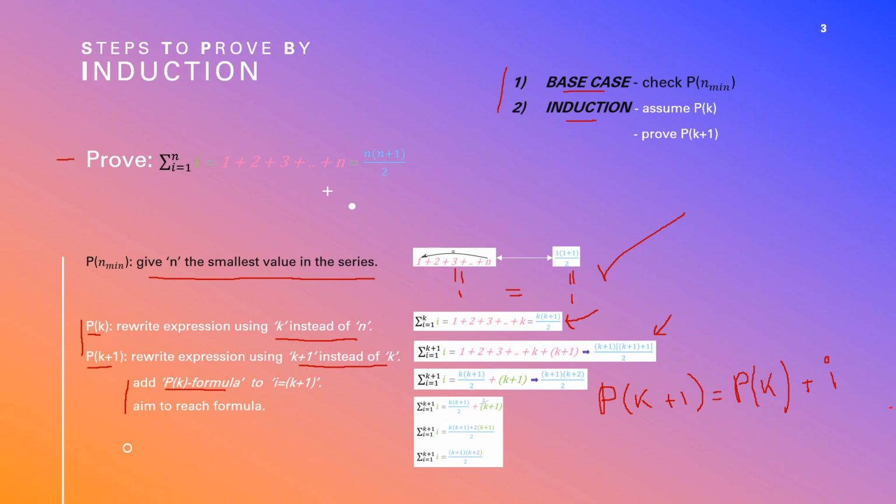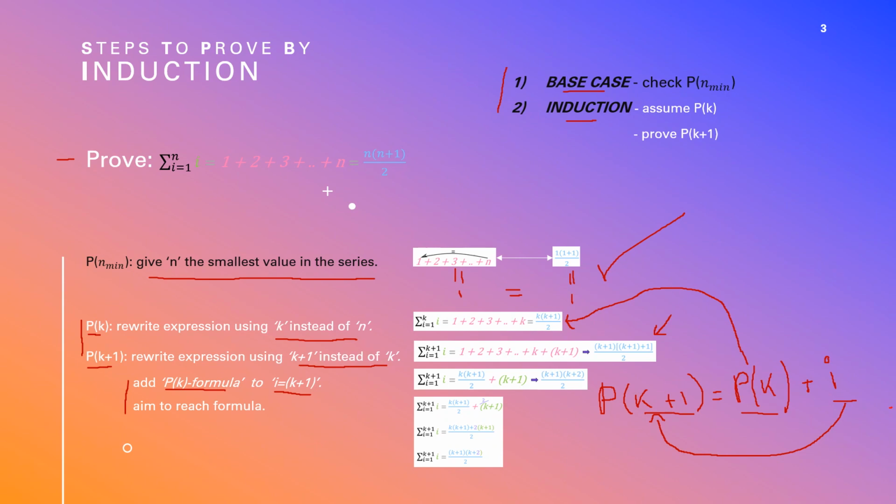P of k, the formula, you'd get from here, and I, you'd get from here. It's just basically I equals k plus 1, and P of k is what we assumed previously.